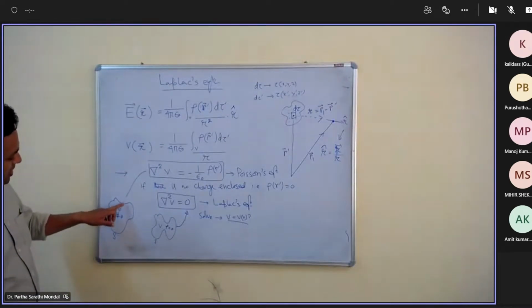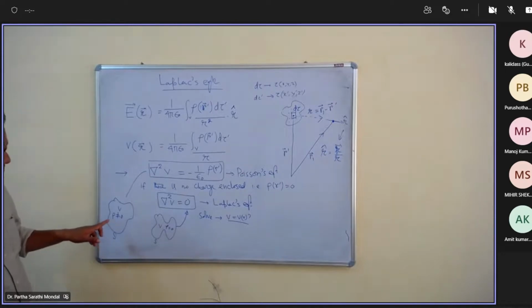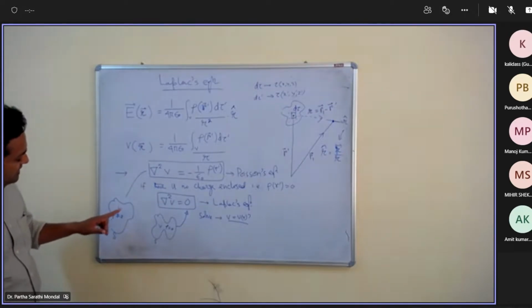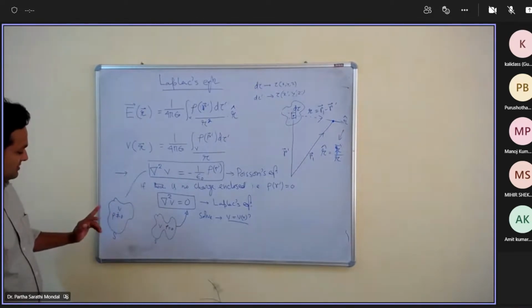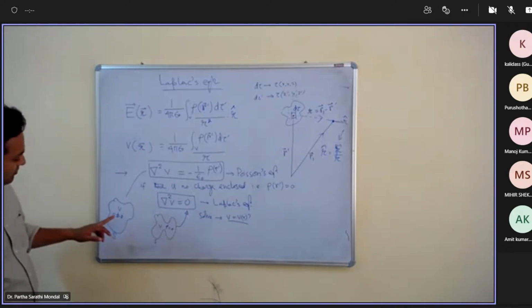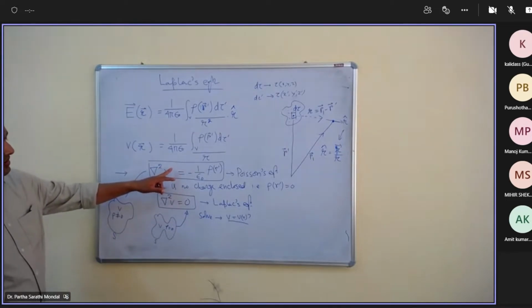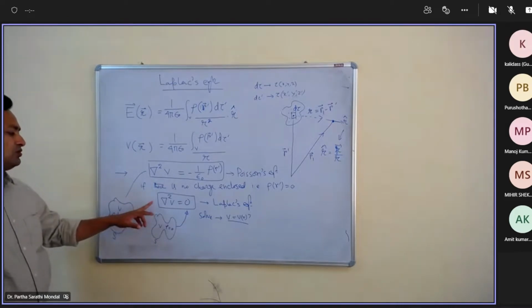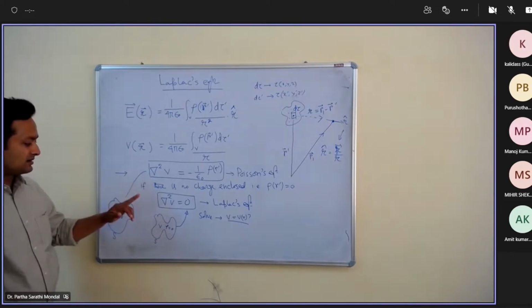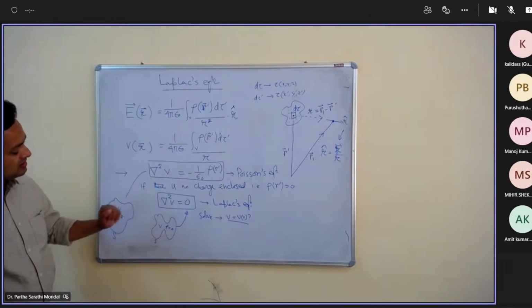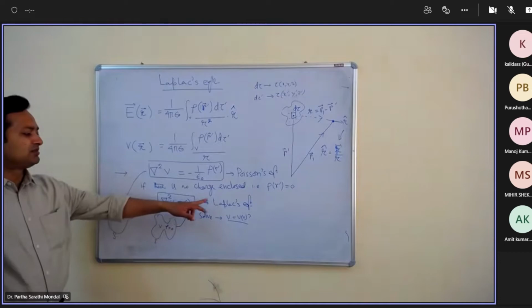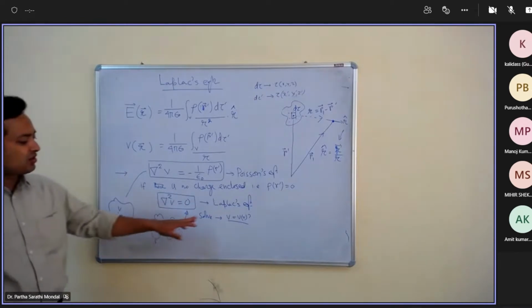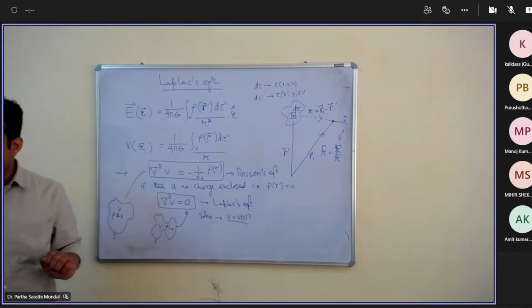Where the volume in which you are interested to find the potential contains charges, maybe bound charge or maybe free charge, I will come to that later, you have to use Poisson's equation. And if the volume does not contain any charge, then you can simply use the Laplace equation and solve it to find the potential.